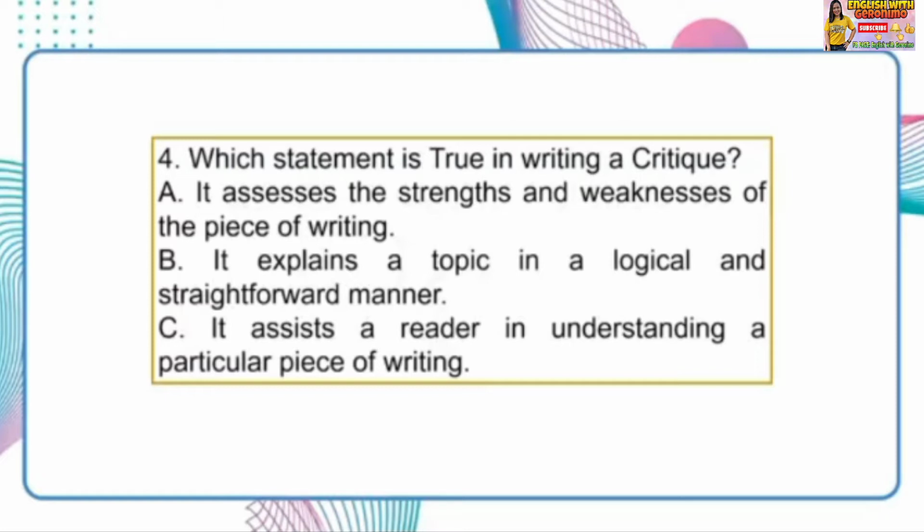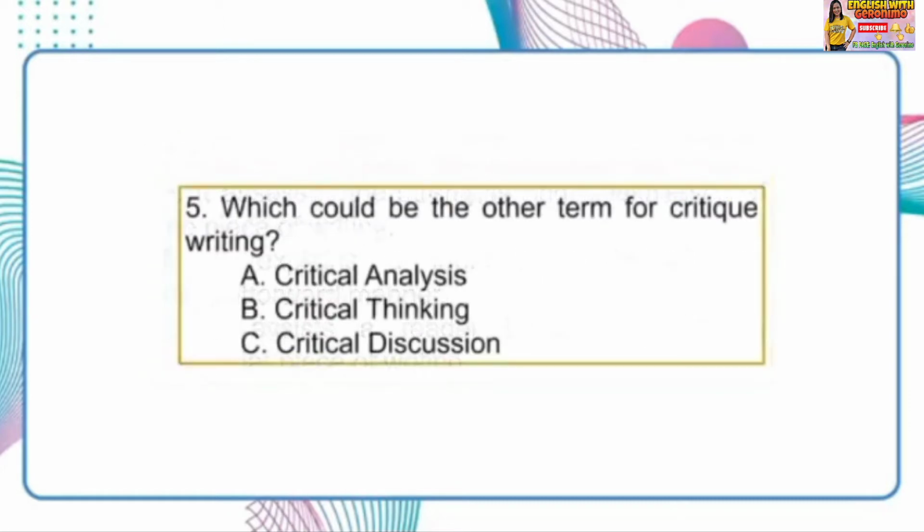Letter A. It assesses the strengths and weaknesses of the piece of writing. Letter B. It explains a topic in a logical and straightforward manner. Letter C. It assists a reader in understanding a particular piece of writing. Number 5. Which could be the other term for critique writing? Letter A. Critical analysis. Letter B. Critical thinking. Letter C. Critical discussion.